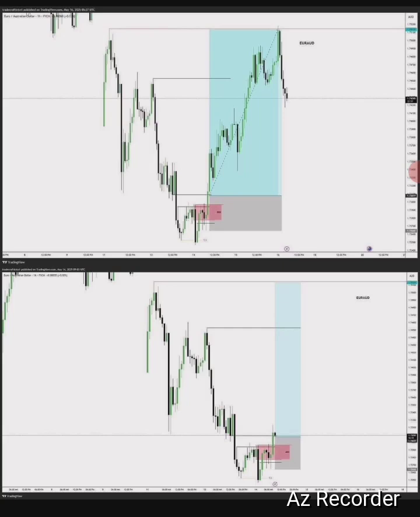After hitting the supply zone, the price reversed and started to decline again.